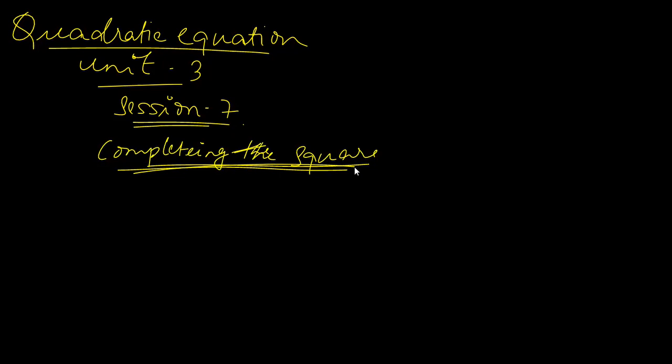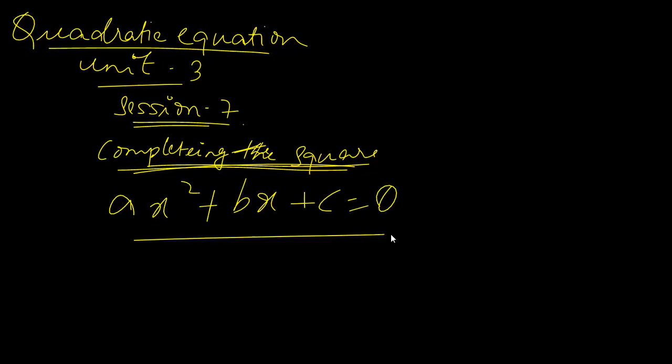So actually we will be having a quadratic equation in the form of ax square plus bx plus c equals 0. In this standard form, we will be having a quadratic equation. So something in the x square form, something in bx form, something in c form.